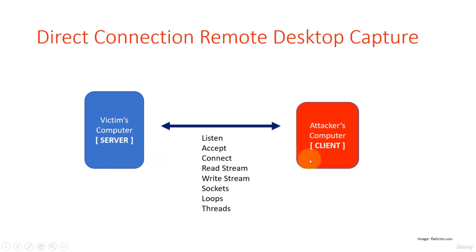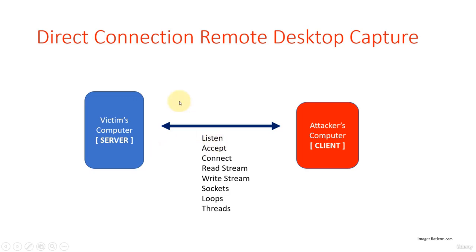The victim as well as the attacker computer need to be constantly reading streams and writing streams, and then there also need to be sockets being created, and there must be a message loop, and we need to have threads so that it will not block the user interface, and so on and so forth. And all these we have to manage so that we can ensure that data is sent correctly and completely without any missing data between the client and the server.